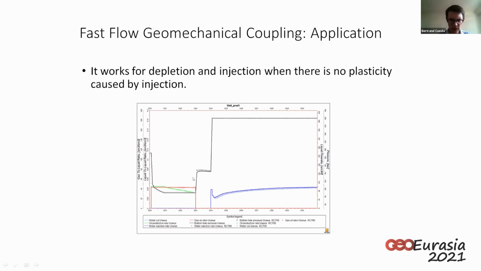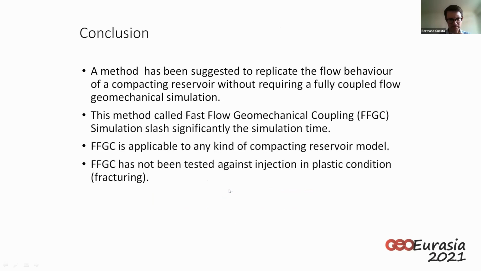Then there is the shut-in, and then we inject water, the bottom hole pressure increases, and in blue, this is the water rate. In that case, this method also works, but there is a caveat. I have assumed that there was no plasticity in the water injection. So this is one limitation.